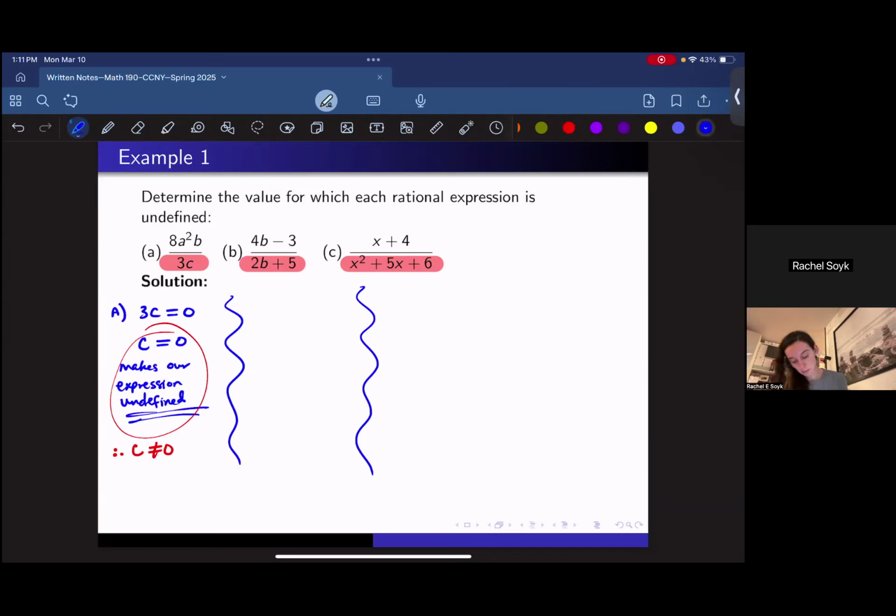In our second example, part B, we have 2b plus 5. Set that equal to 0. Let's utilize inverse operations by subtracting 5 from both sides. Now we're looking at 2b is equal to -5. Last step, let's divide both sides by 2, which means b is equal to -5/2, which makes our expression undefined.